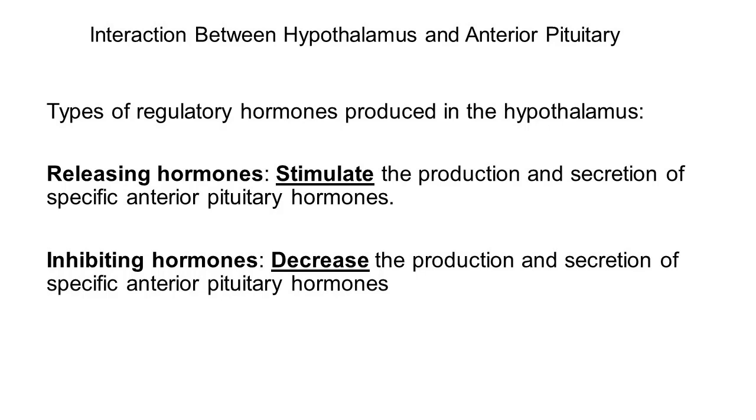So it's going to be this antagonistic relationship, kind of like insulin and glucagon, one trying to decrease glucose in the blood, one trying to increase it. Between these releasing, stimulating, and inhibiting, decreasing hormones, that's how we're going to balance what the anterior pituitary is going to release or not, and how much. So that's the real value of what's happening in the hypothalamus.